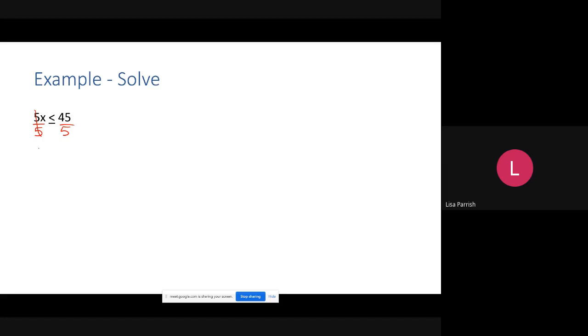That's going to cancel, and you have x is less than or equal to 45 divided by 5, which is 9. So my answer would be x is less than or equal to 9. Take a minute. You can pause any of these as you need to.